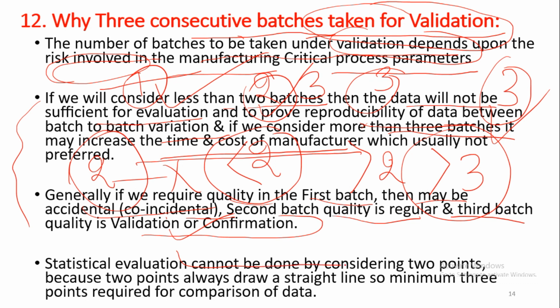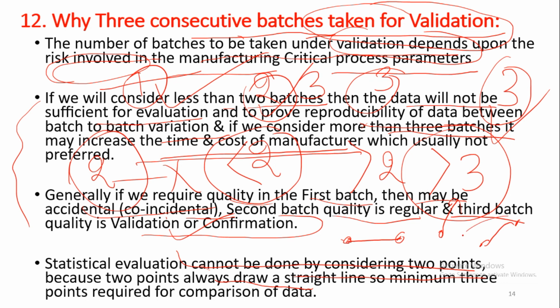Statistical evaluation cannot be done by considering 2 points, right? Because 2 points always draw a straight line, so a minimum of 3 points is required for comparison of data. Suppose we have taken two points only. Then a single line is drawn, wherever you draw, and there is always a single line, right?